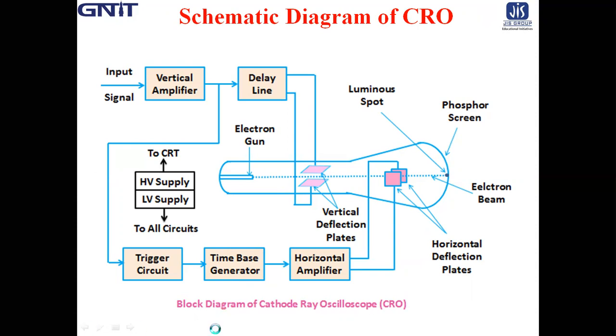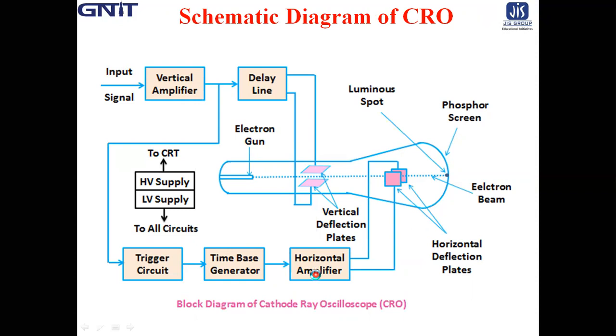The horizontal amplifier is fed from an internally generated time base, usually a sawtooth waveform generator. This voltage waveform, known as sweep voltage, sweeps the electron beam across the screen.